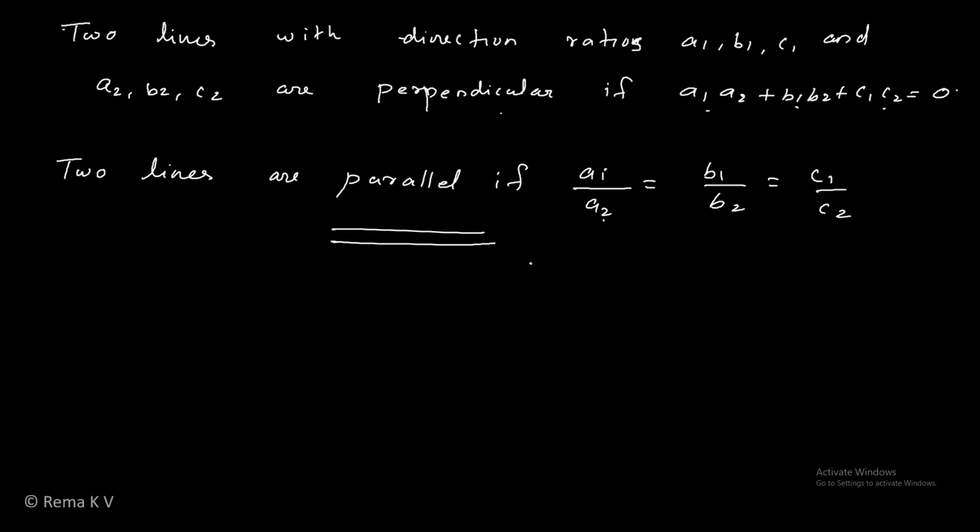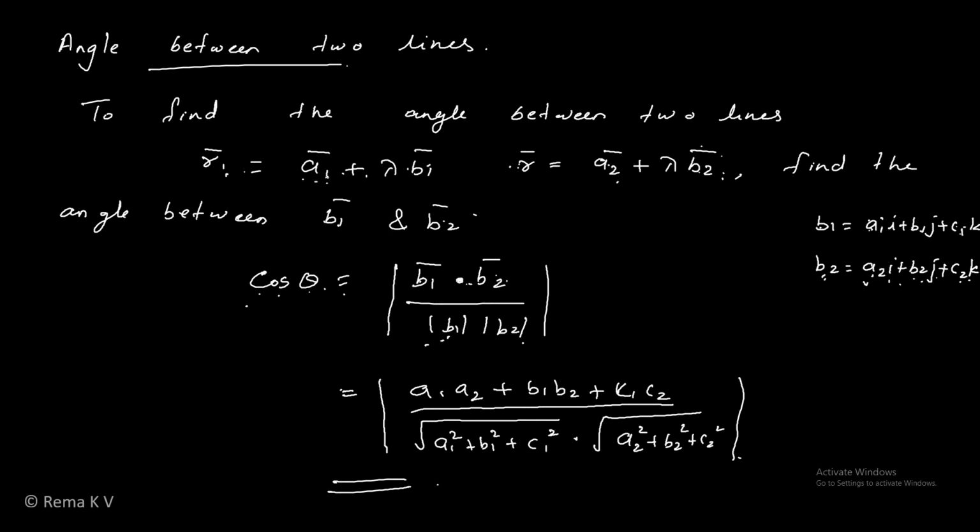So you have to compare with the standard form of equation of a line. R is given as A plus lambda B. You know that A is the position vector of a point through which the line passes, and B1 is a vector which is parallel to this line. Here A2 is the point through which the line passes and B2 is a vector which is parallel to the given line. To find the angle between them, we have to find cos theta equals B1 dot B2 by modulus of B1 into B2.